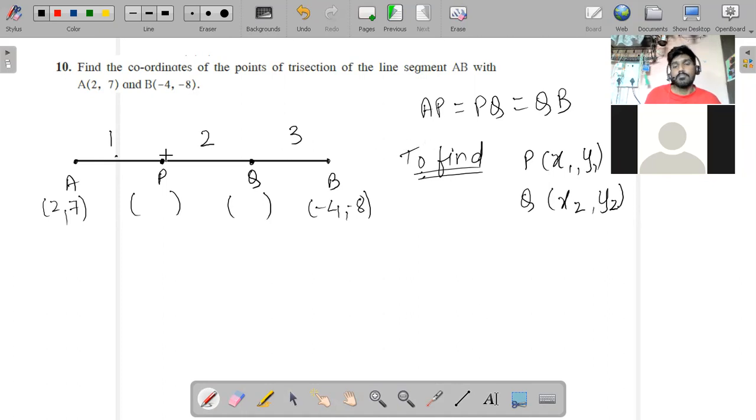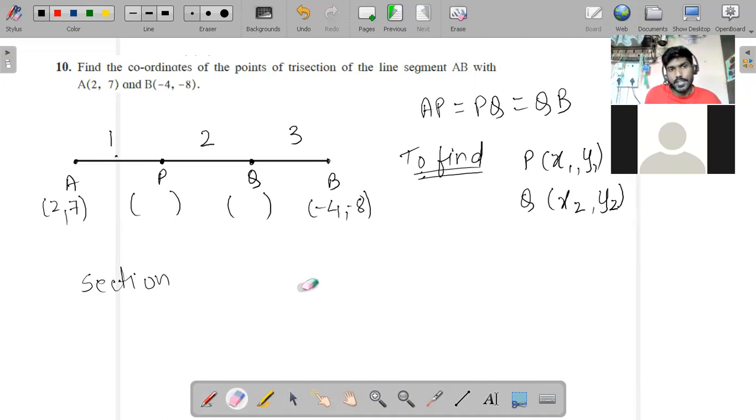Can you guess which formula I should use to find the coordinates of P and Q? The section formula, yes, correct. For the section formula, we need x1, y1, and also the main thing we require is the ratio m and n.